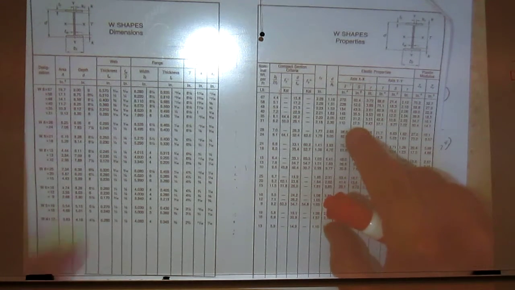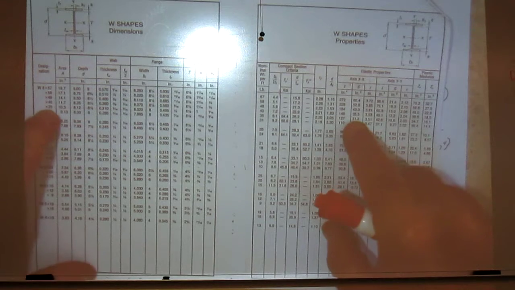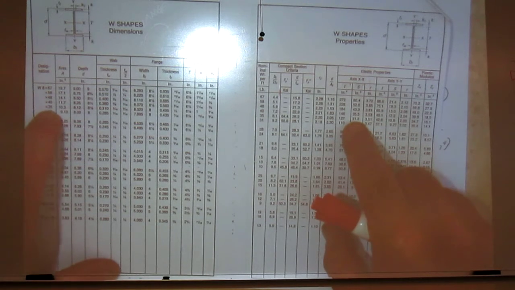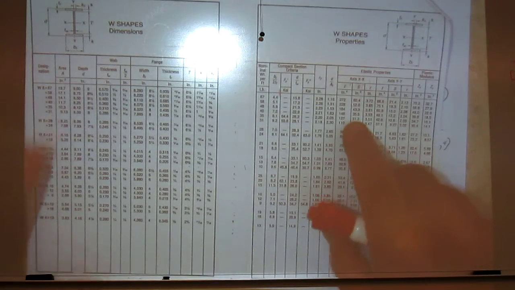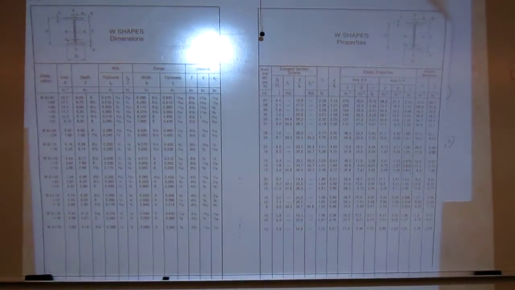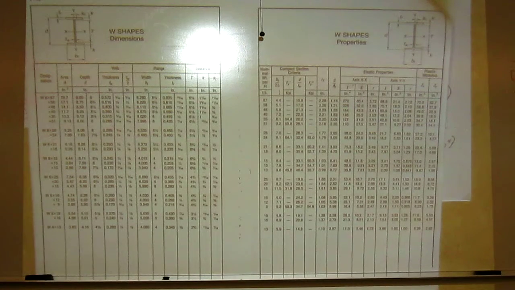It looks like the 8 by 35 is real close to what we got. Now you're going to get a lot of choices here. We're starting with the section modulus. I have a feeling the wood beams we are going to use are going to be 11 7/8.